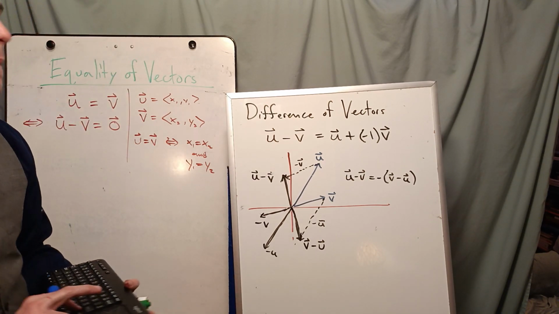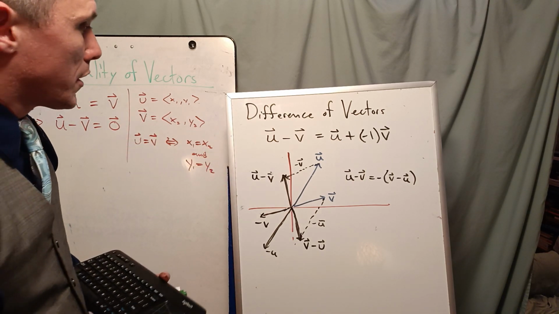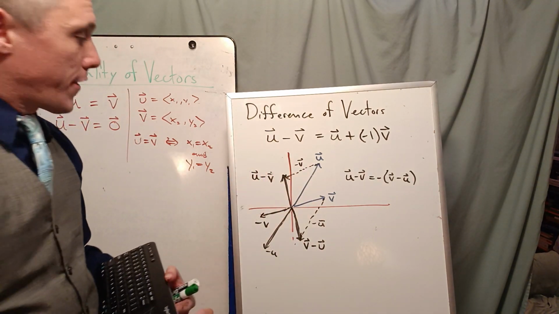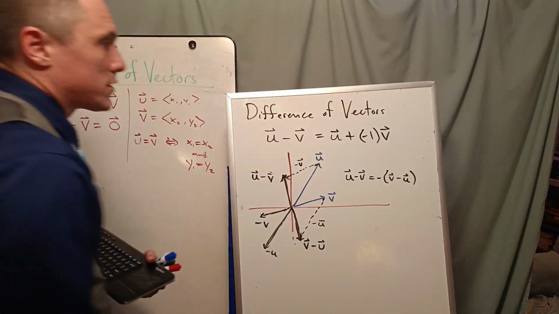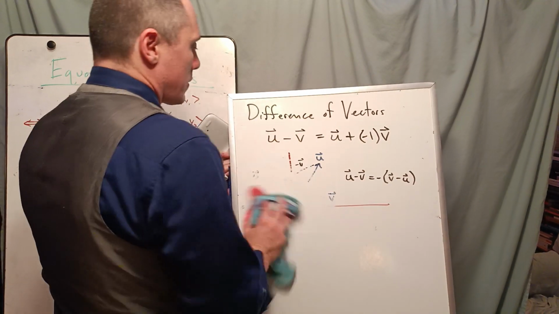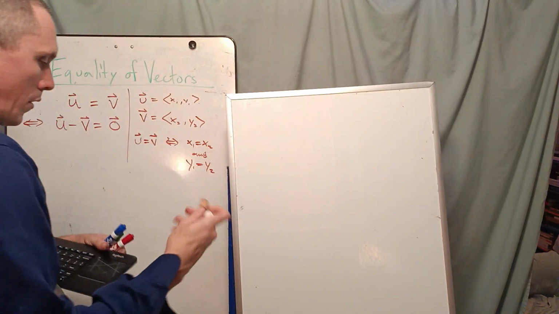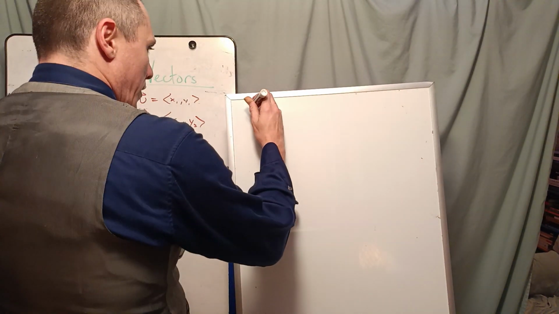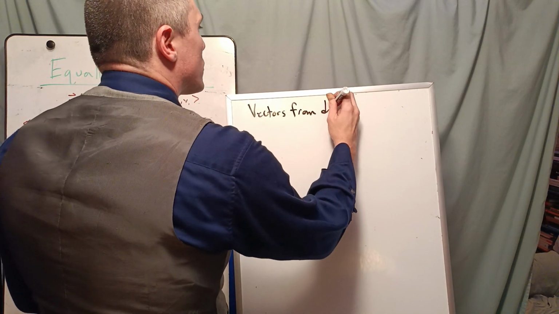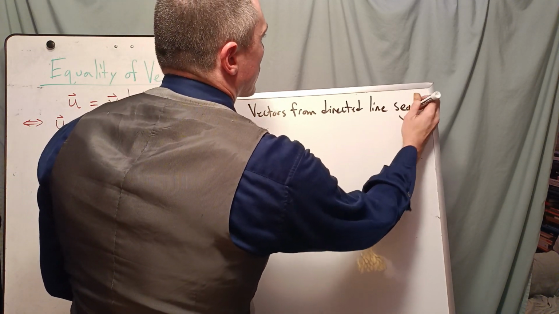Okay, so now I'd like to talk about some of the other intuitive notions of a vector that you'll see. We talked a lot about vectors at the origin, and we can get back to this concept of vectors at the origin, even if they were to give us, say, directed line segments. So let's take a look at that. So here we're talking about vectors from directed line segments.